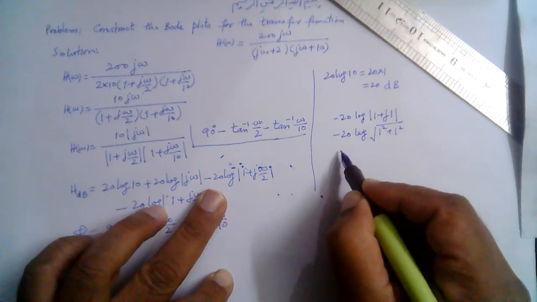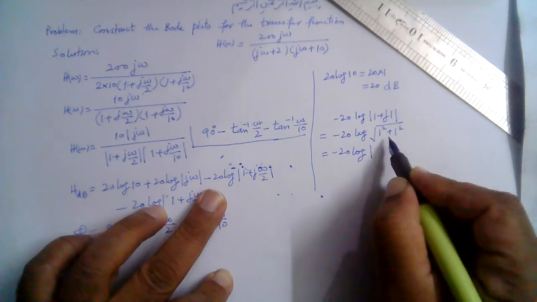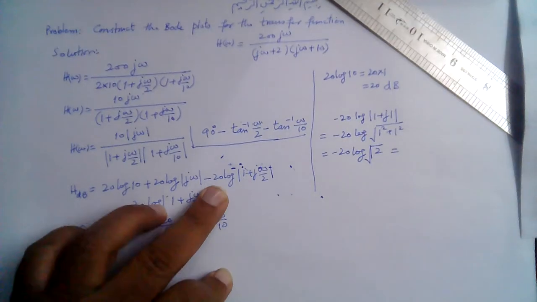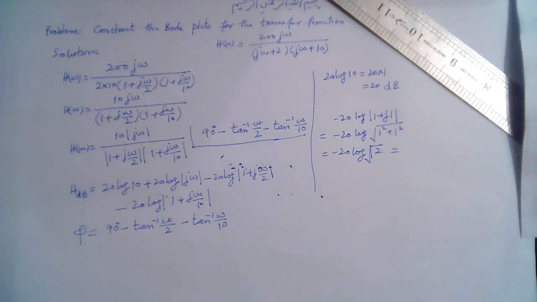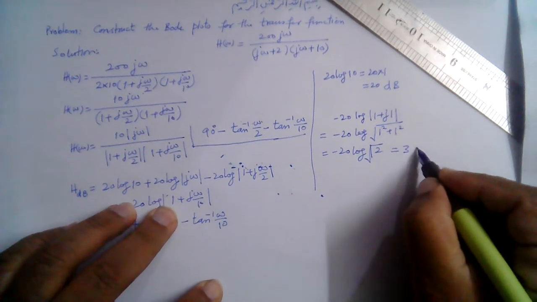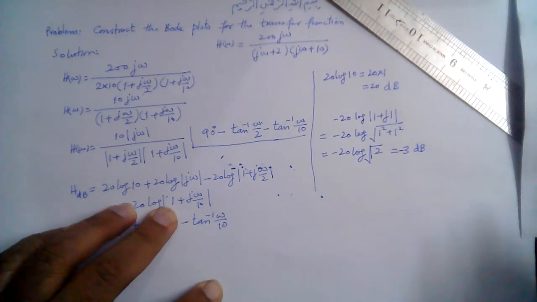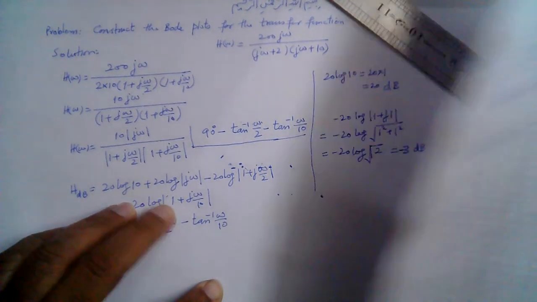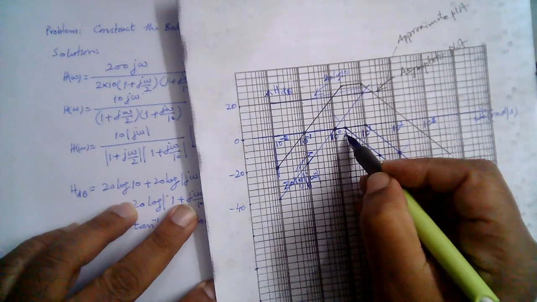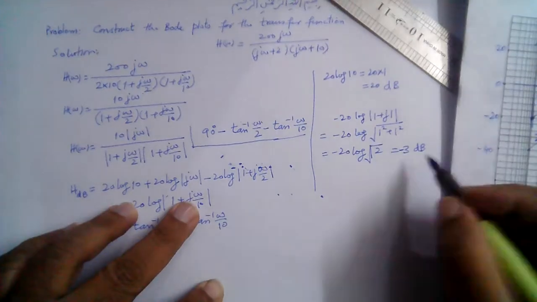So that is minus 20 log square root of 2, right? And 20 log square root of 2 is approximately 3. So this is minus 3 dB. So the value here should be minus 3, but we use 0 here, right? The asymptote value is off by 3 here. And similarly, if we have a zero, the value would be plus 3 dB at that point.